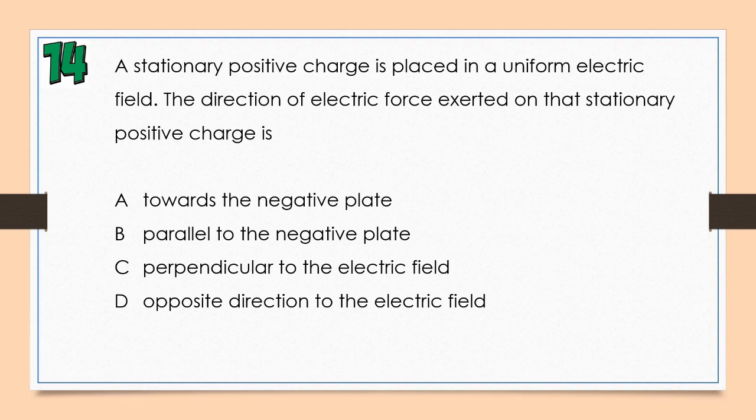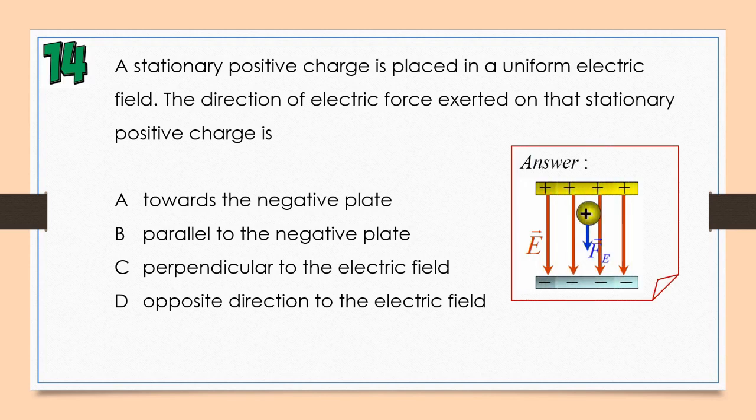That's why the electric force is exerted on the stationary positive charge towards the negative plate. So the best answer is A. Let's say if it is an electron placed in the uniform electric field, the electric force will be exerted towards the positive plate.